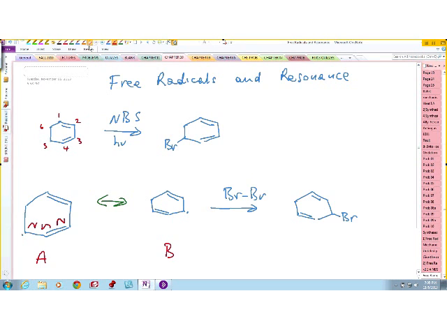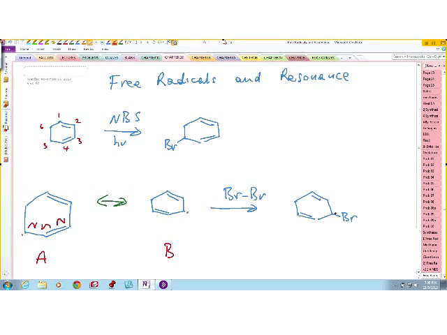See what we've done now. This reactant with NBS, in addition to forming this product, could also form this product.